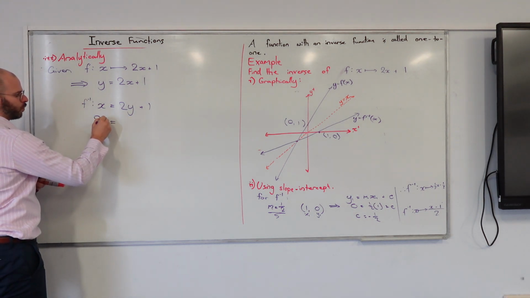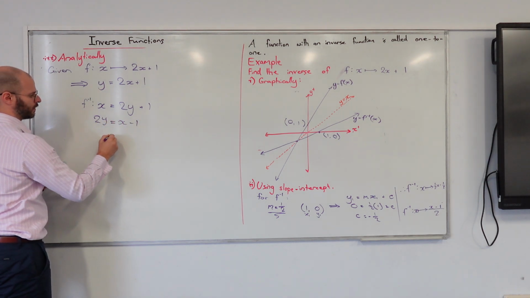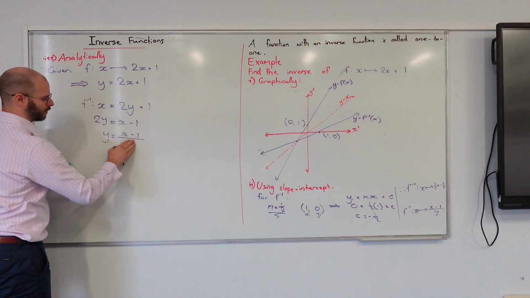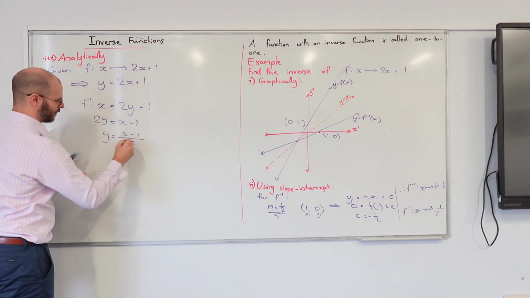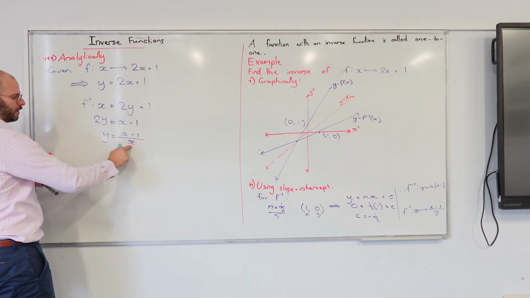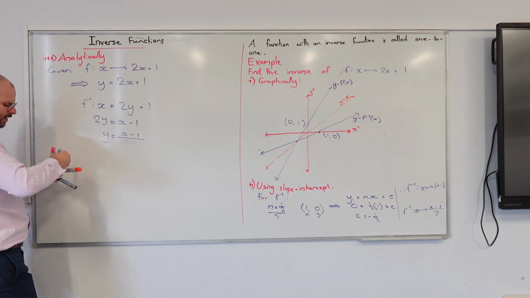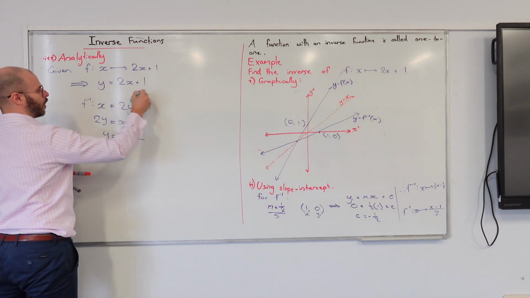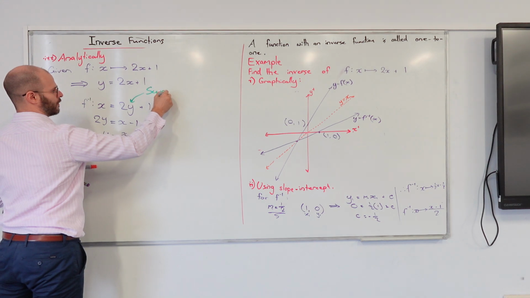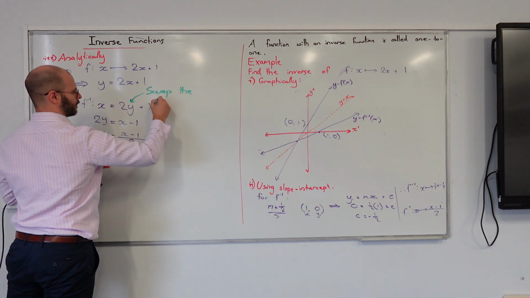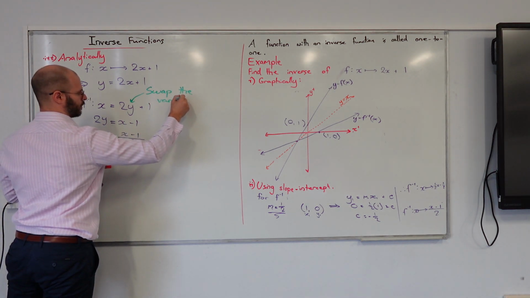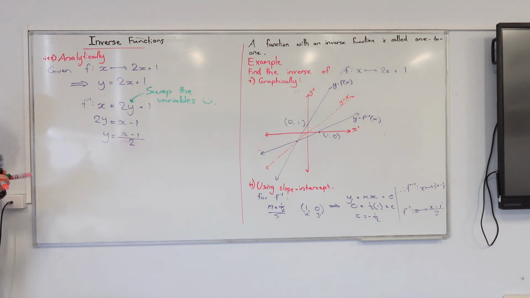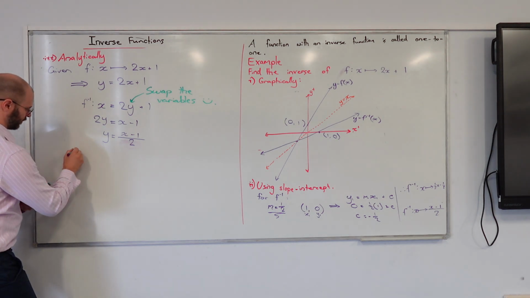So it's going to be 2y, x take 1, y equals x take 1, over 2. So we swap the variables.